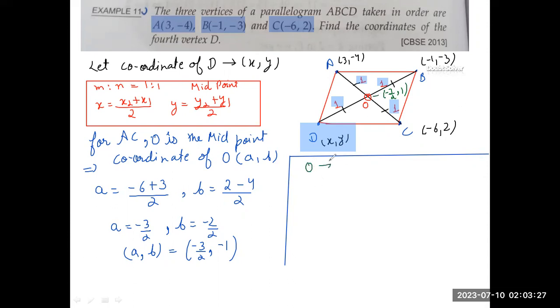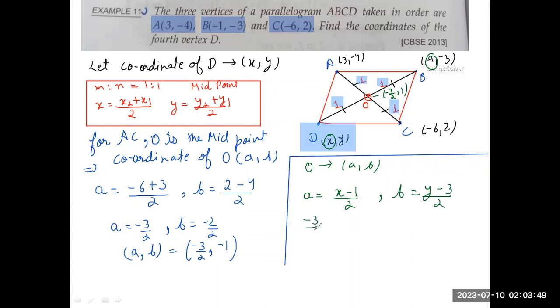So for O, this time x2 is this and x1 is this. That means (x - 1)/2 for the x-coordinate and (y - 3)/2 for the y-coordinate. And I can substitute the values.